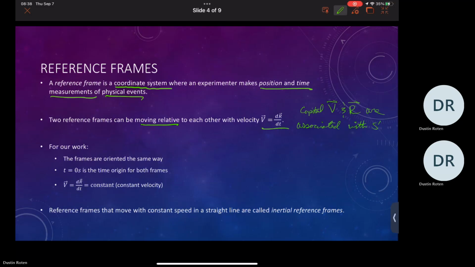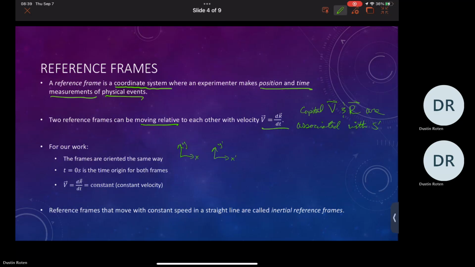Now for our work, we need to assume that the frames are oriented the same way. So essentially they're turned the same way, they're pointed the same way. It's going to make our lives a little easier.